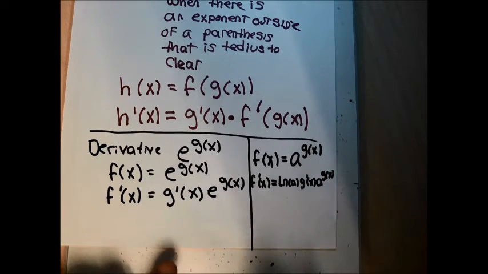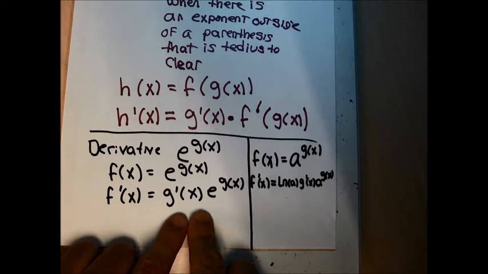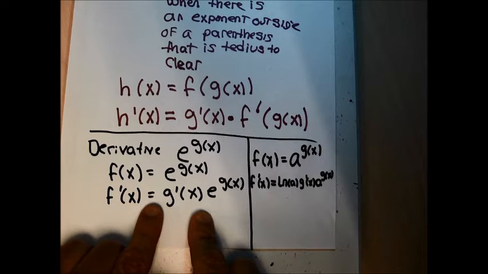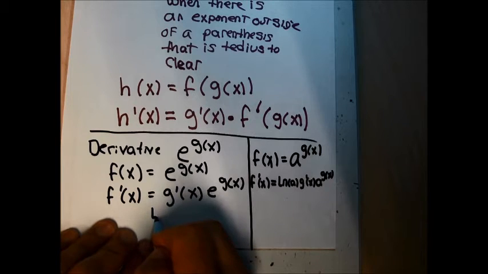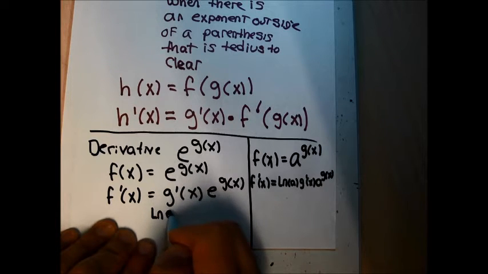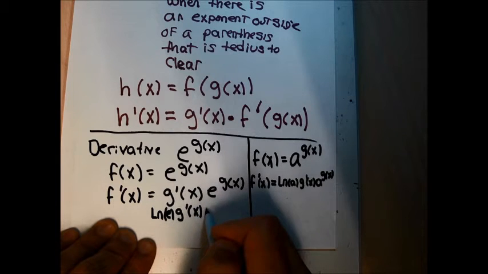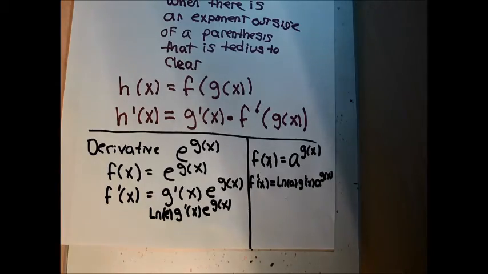So the rule's essentially identical. As a matter of fact, I could have written this rule with the ln. I could have said this was the ln of the base e times g prime of x times e to the g of x. But the ln of e is equal to 1, so you don't need that part.